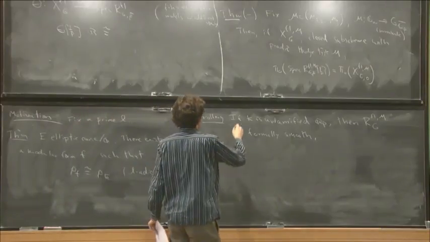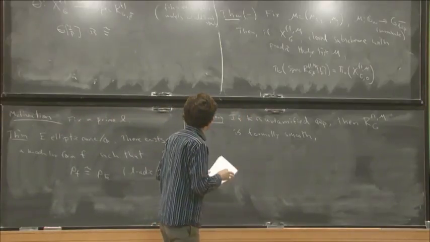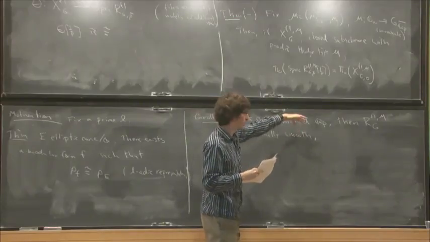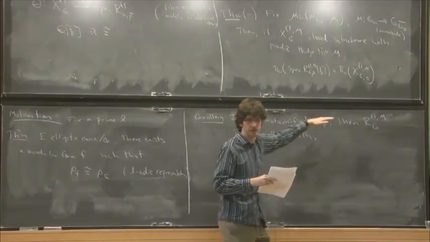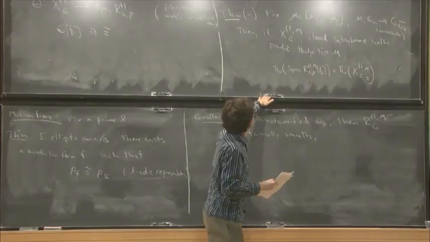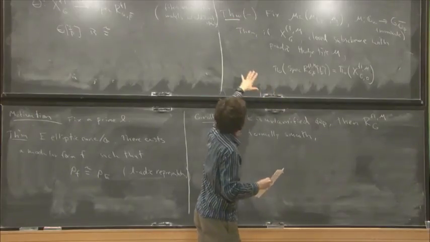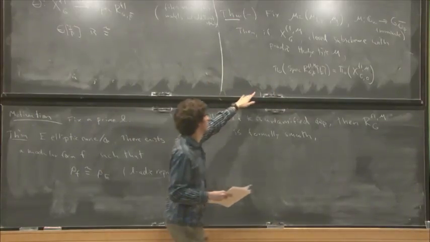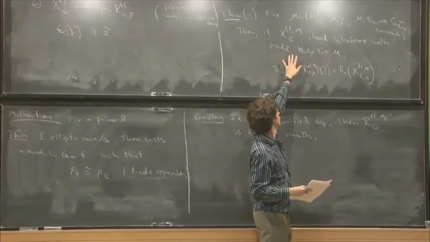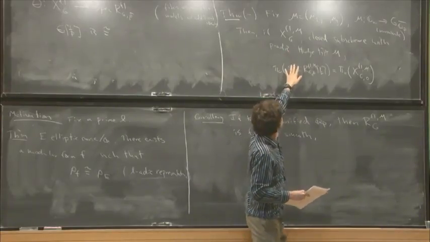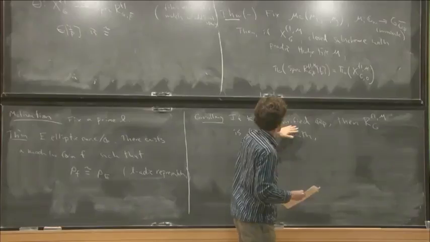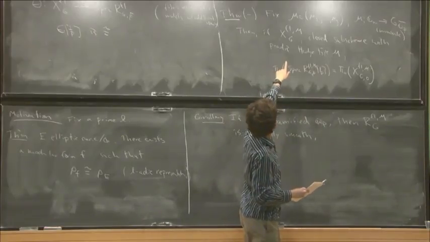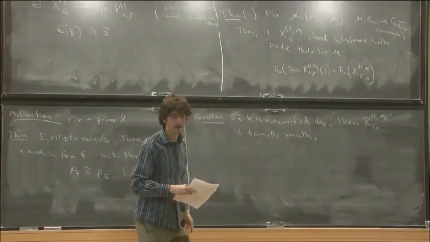And I should say that it's a corollary of the theorem, though with a little more input. Maybe they're both corollaries of the fact that we understand the local structure of this space, and in the case when it's unramified over Q_p, you can show that it is in fact smooth.